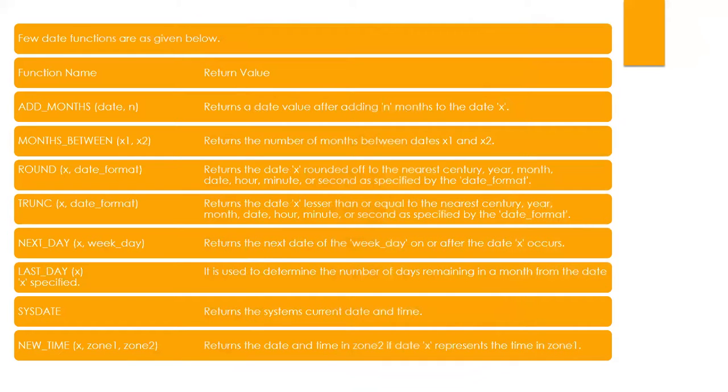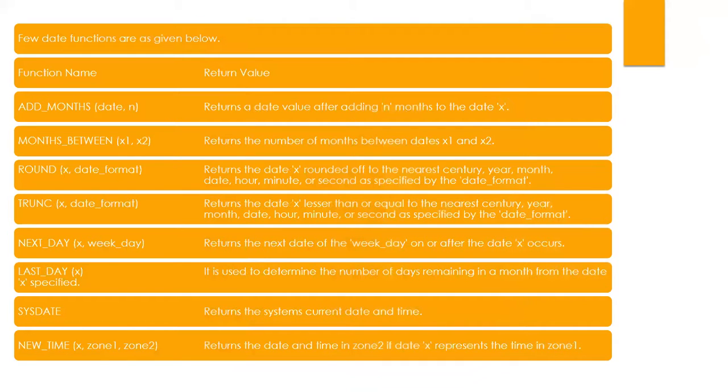Trunc returns a date less than or equal to the nearest century, year, month, date, hour, minute, or second as specified by the date format. Next day, x, comma, weekday, returns the next date of the weekday on or after the date x.